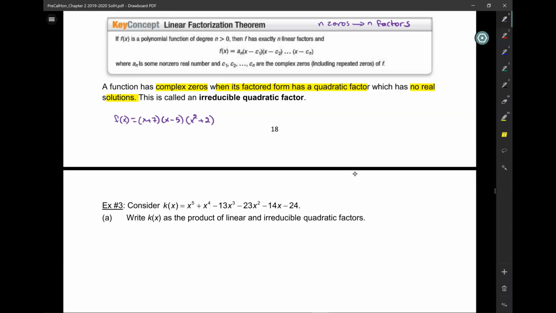Starts with a Q. It's a quadratic function. Can I reduce it anymore? No. This is a quadratic factor which cannot be reduced anymore. It is called an irreducible quadratic factor. When you have one of these, what happens if you set that equal to 0 and solve? You get an imaginary number. That's when you get complex or imaginary solutions. Okay? Cool.